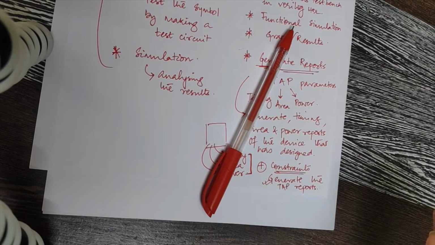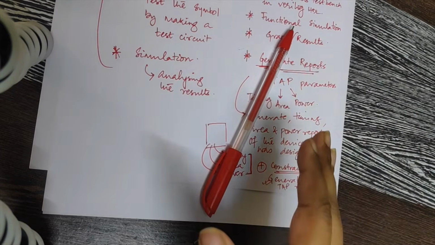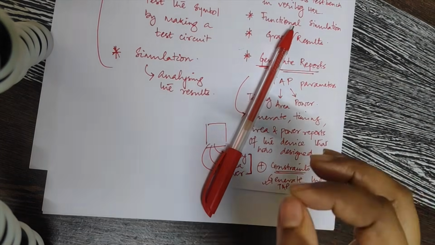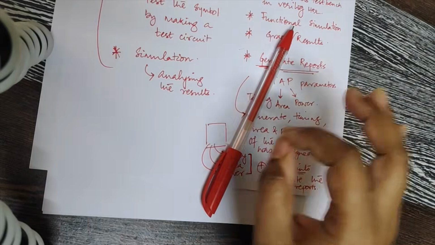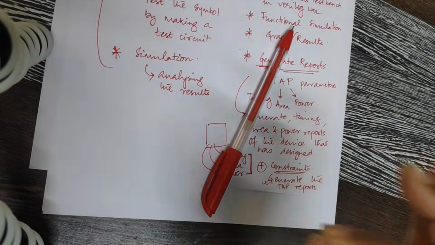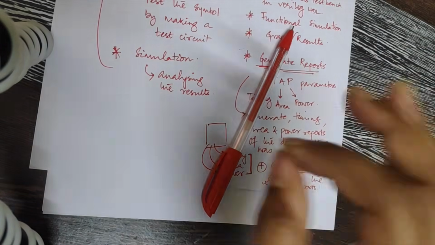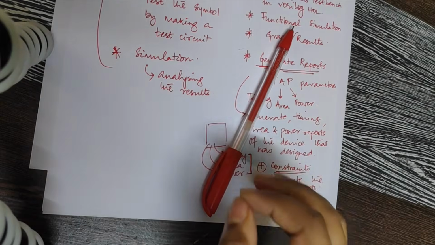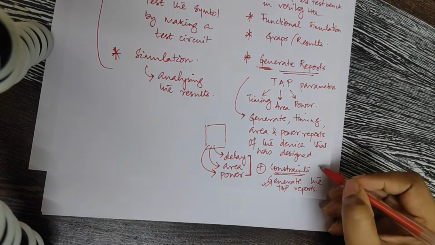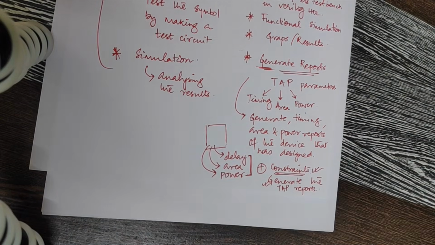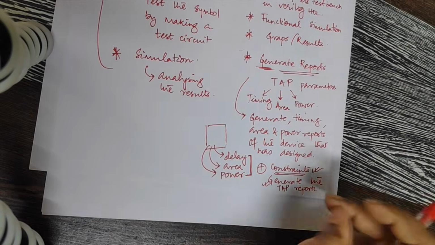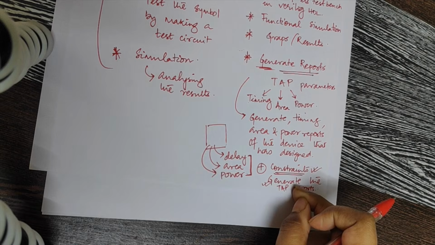Of course not. That is why whenever engineers in the field of VLSI design a product or a device, they don't want it to be unconstrained, and that is why we add the constraints file. After adding this constraints file, whatever tap reports I am generating, that is my goal.